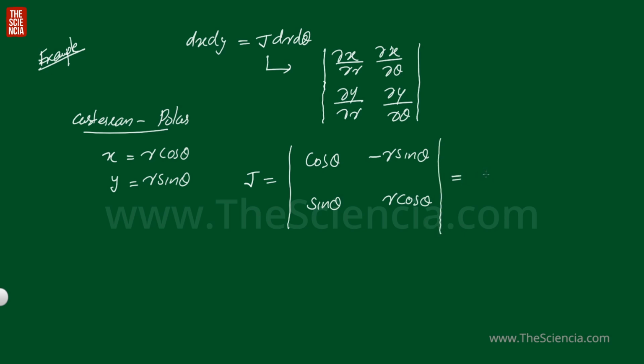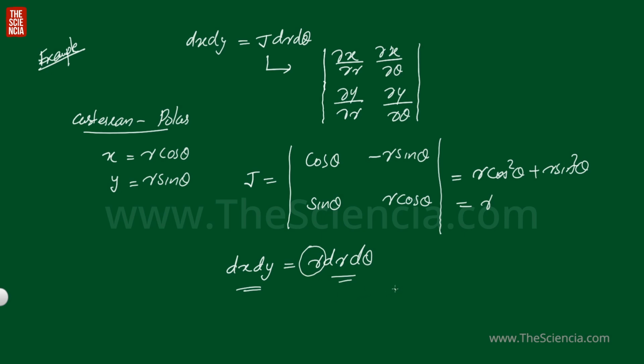It is equal to r cos square theta plus r sin square theta, that is equal to r. So we got Jacobian j equal to r. So we can rewrite this as dx dy equal to r dr d theta. So the areas in Cartesian and polar coordinates are related through the Jacobian. Here Jacobian j is equal to r.